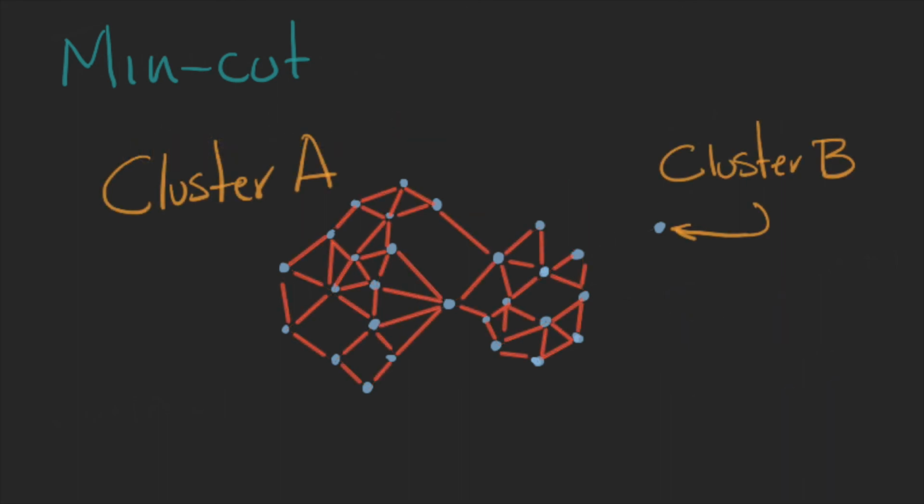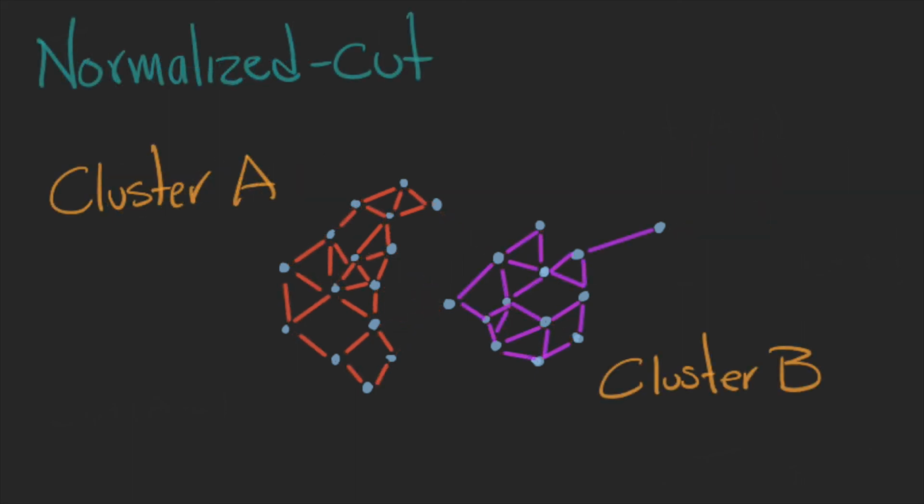However, a single point does not seem to be a good result for the segmentation. The normalized cut weights the association, and in this case we will cut the group instead of the single edge, resulting in a better segmentation.